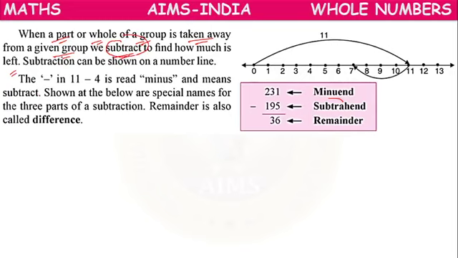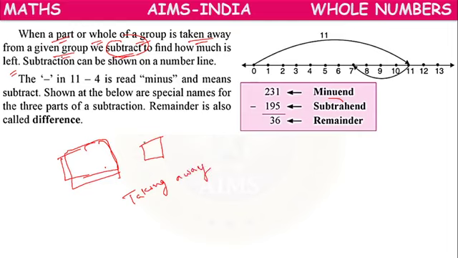When we have something and we are taking out either the whole or a part of it, then we make use of the concept called subtraction. Taking some part or the complete part away from the whole is called subtraction. So this taking away is called subtraction. This subtraction can be shown on a number line.